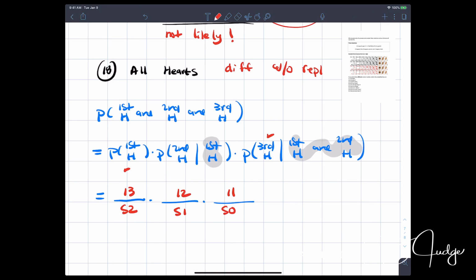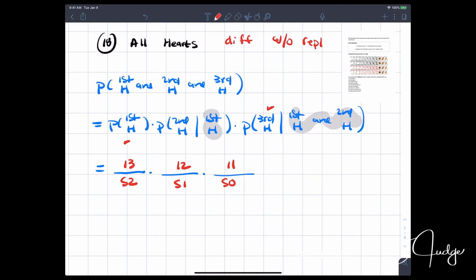You get to use our calculator. So at this point, we're going to go, okay, calculator. Let's see what we get.